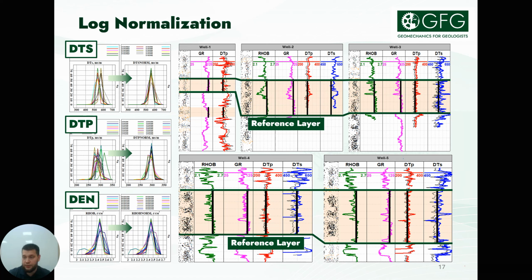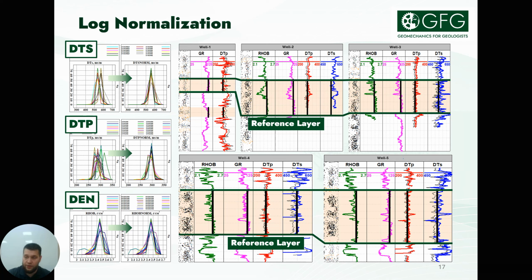Normalization at non-homogeneous phases, marine environmental shale, tight limestone, ungraded layer, etc. is preferable as reference data. An example of normalization taking into account the reference layer is shown on this slide.